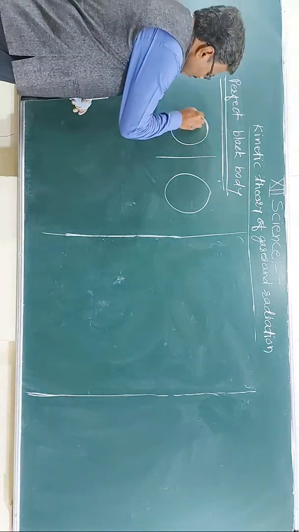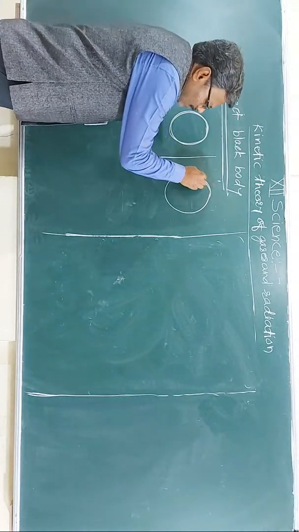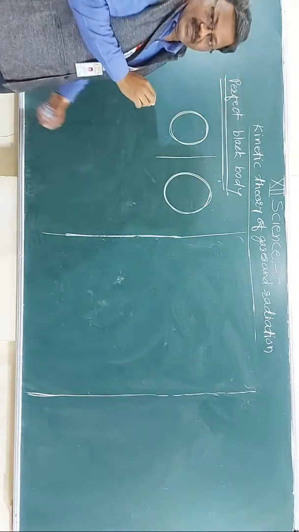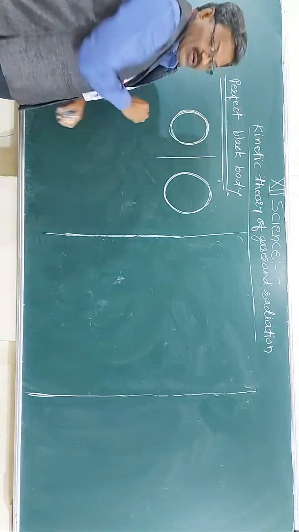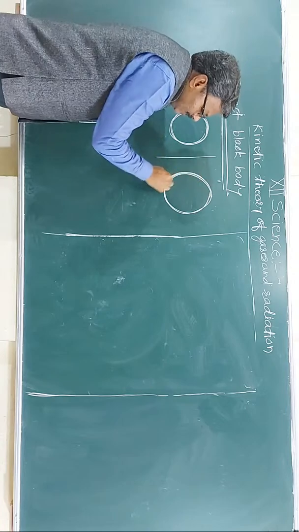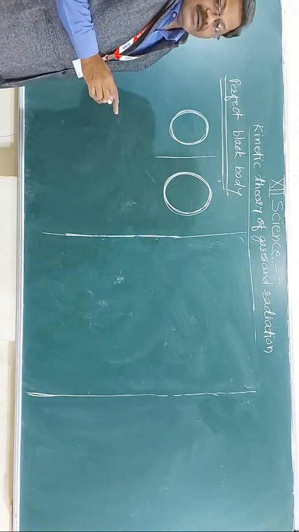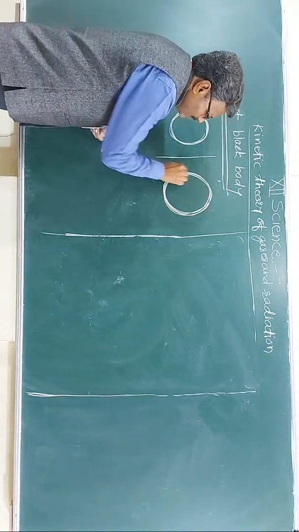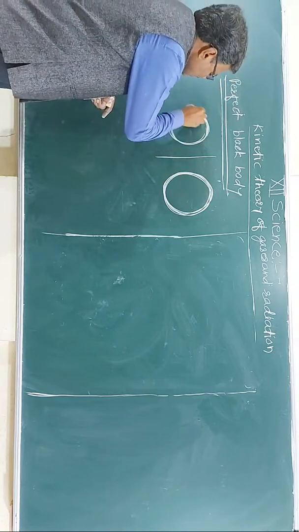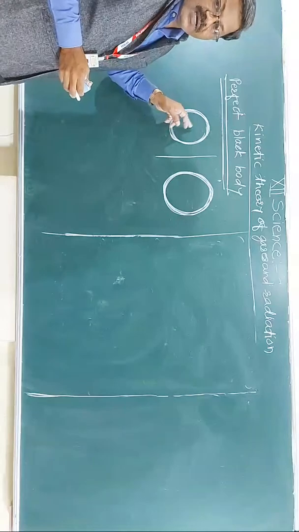Now these are the two bodies. One is a nickel polished body or silver polished body, while the other is the black painted body. This surface is painted with black, while this is the nickel polished or silver polished surface.